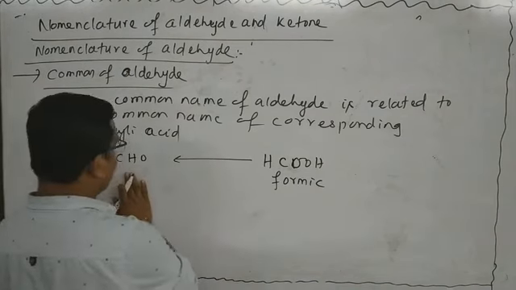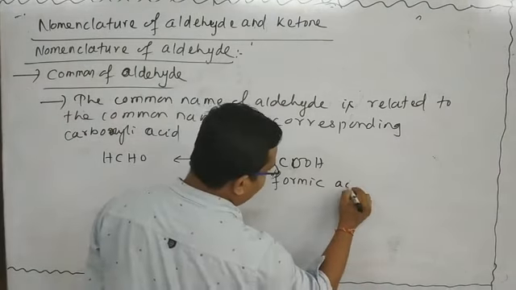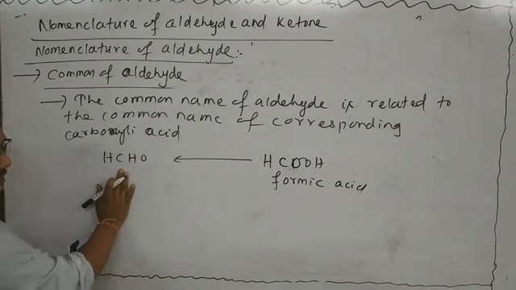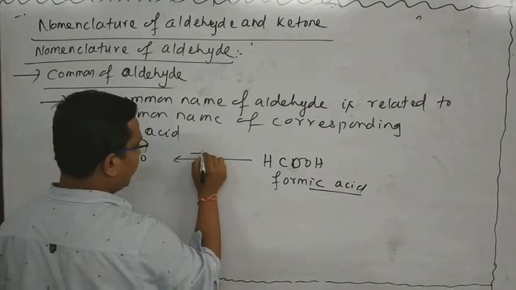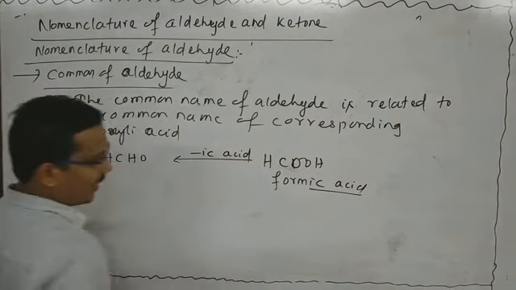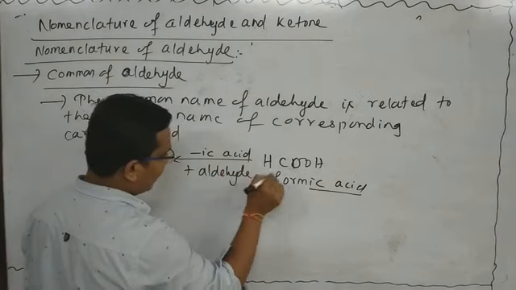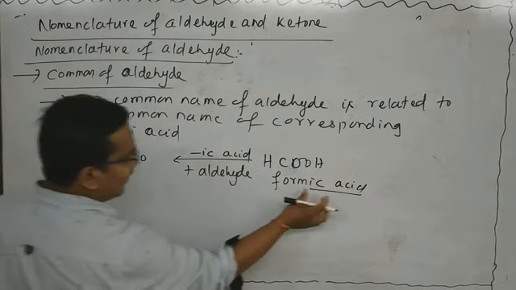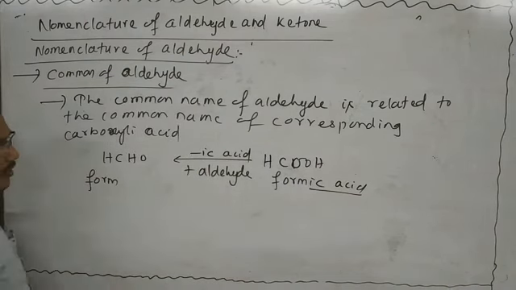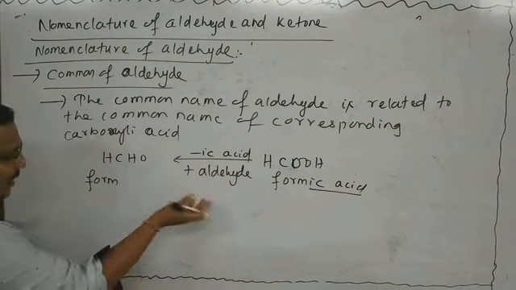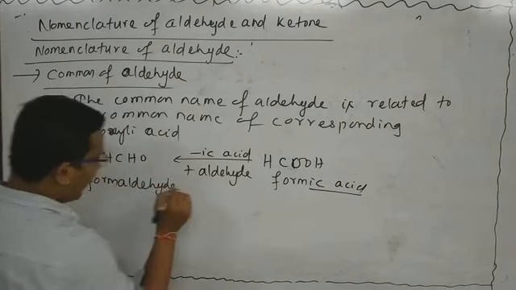For naming such aldehydes, we remove the "ic acid" word and add the word aldehyde. After removing "ic acid", the remaining word is "form", and after adding the word aldehyde, the complete word is formaldehyde.